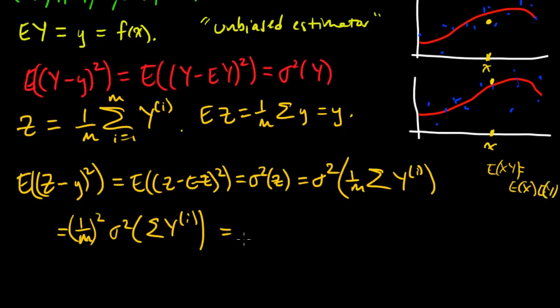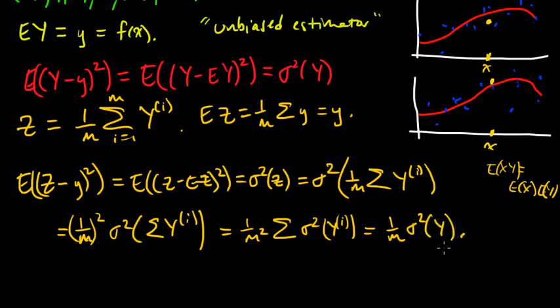The variance is the sum of the variances. And each of them has this variance, our generic y here. So it's just 1 over m times the variance of y.